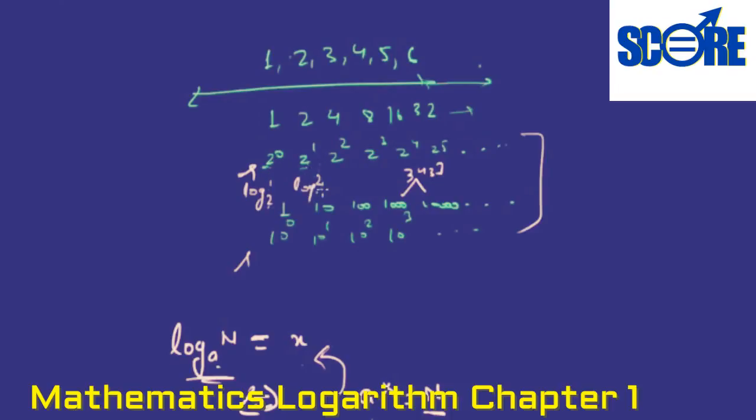Log 2 to the base 2 is 1. Log 4 to the base 2 is 2. Log 8 to the base 2 is 3. Log 16 to the base 2 is 4. Log 32 to the base 2 is 5. So in this way, the logarithm comes into the picture.